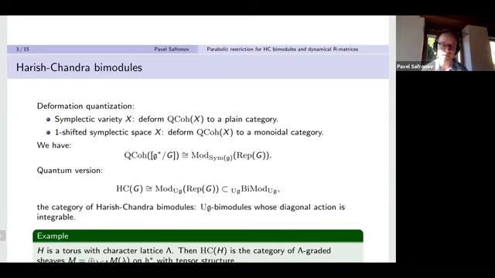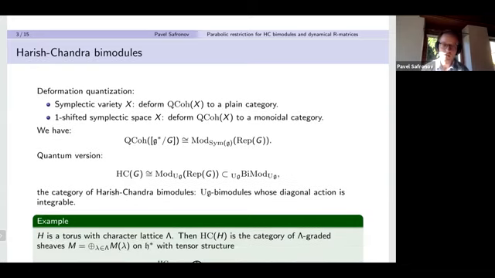You just replace Sym g by the universal enveloping algebra, U g. So the quantization is what's called the category of Harish-Chandra bimodules. One way to think about this is it's the category of U g modules internal to the category of G representations, where G is the group.